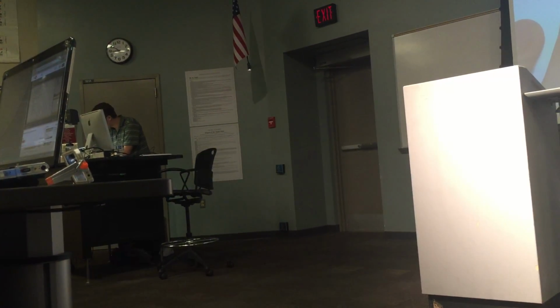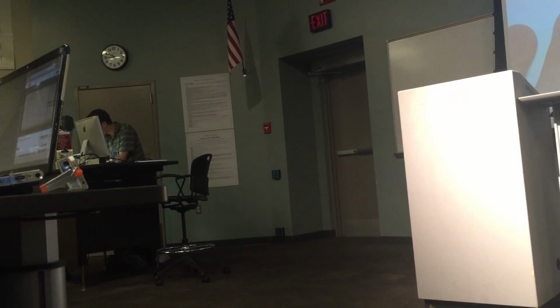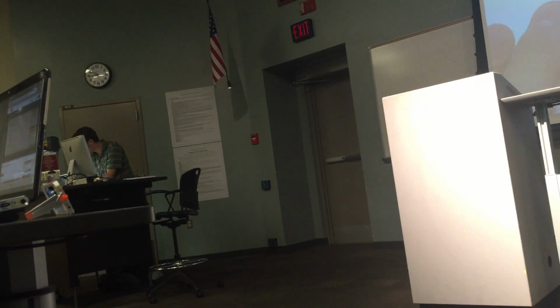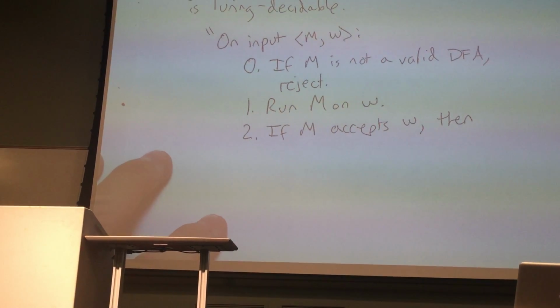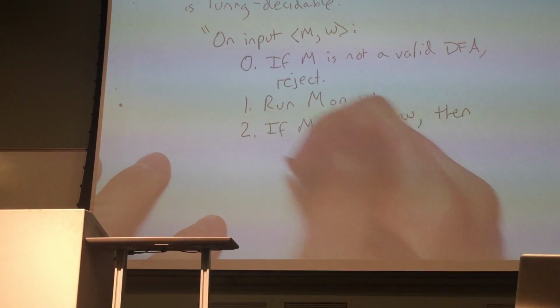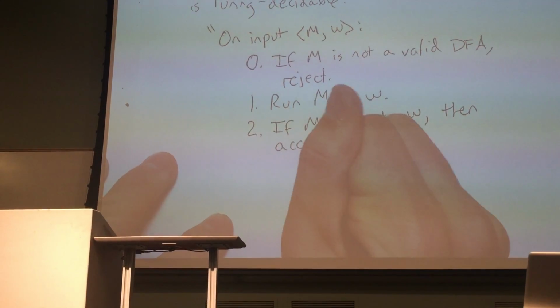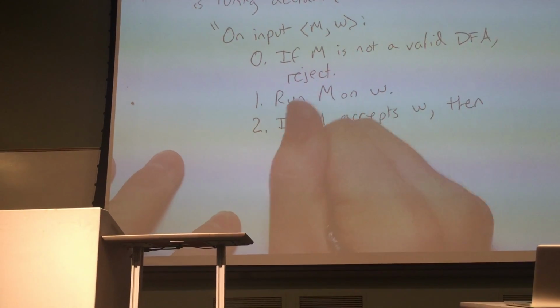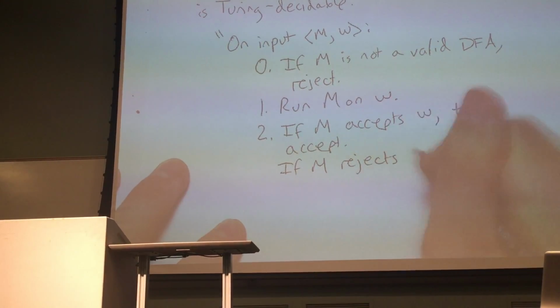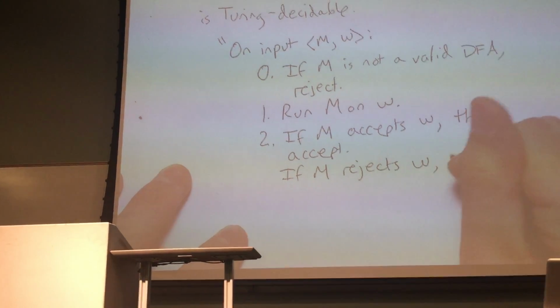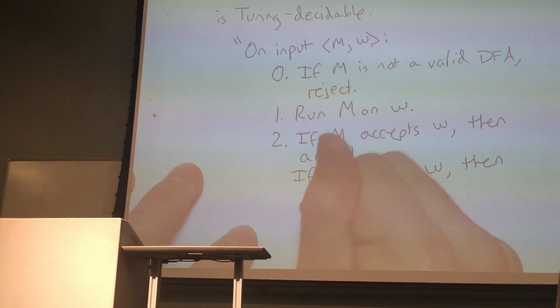So if M accepts W, then what should we do? Then we should accept ourselves because we're trying to solve the acceptance problem. Then accept. If M rejects W or does not accept W, then reject ourselves.